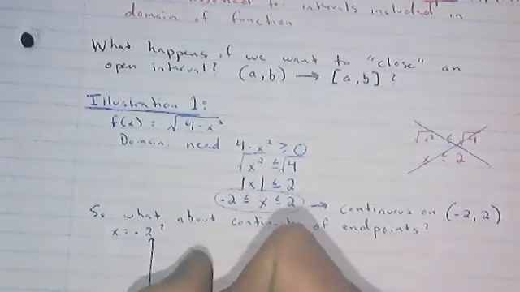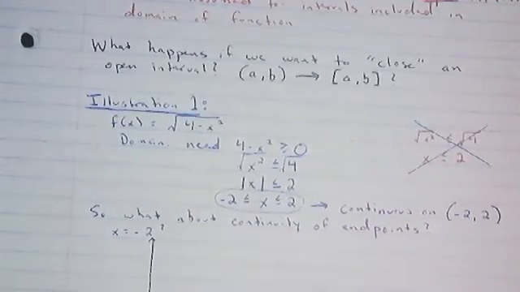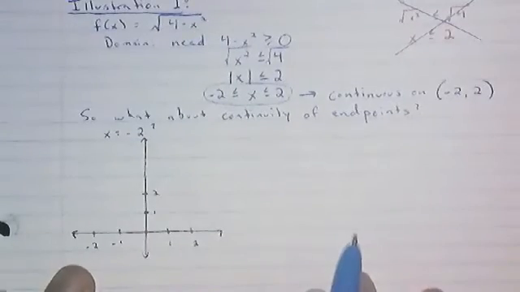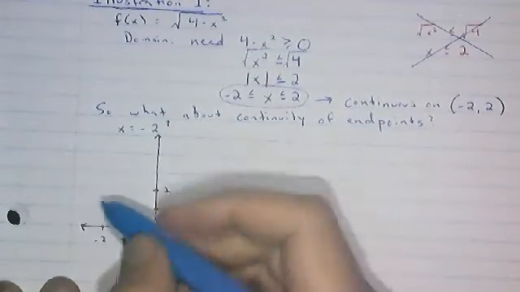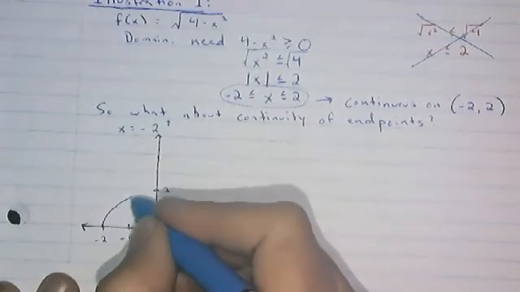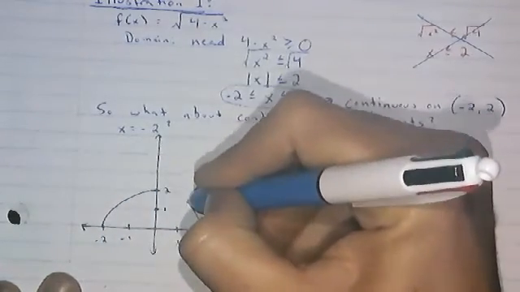Did I yell at you guys about numbering and labeling your graphs? Number and label, or use a straight edge and label your graphs, please. And then our graph looks kind of like that.